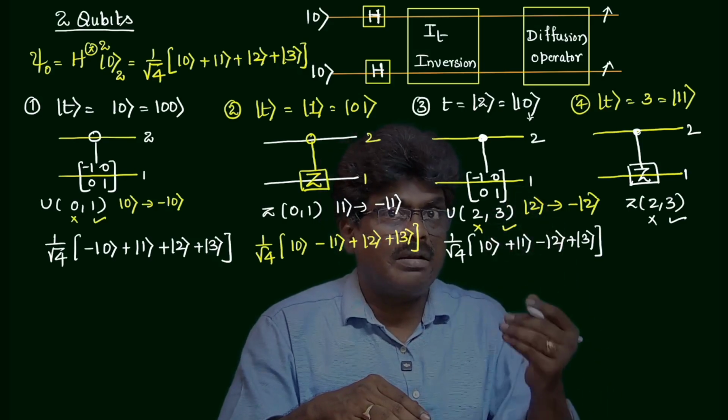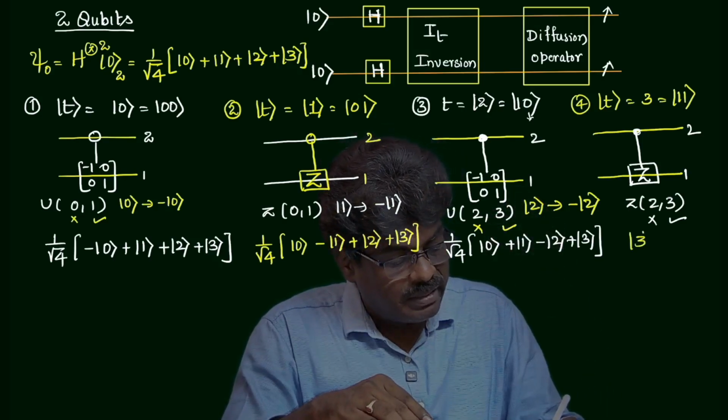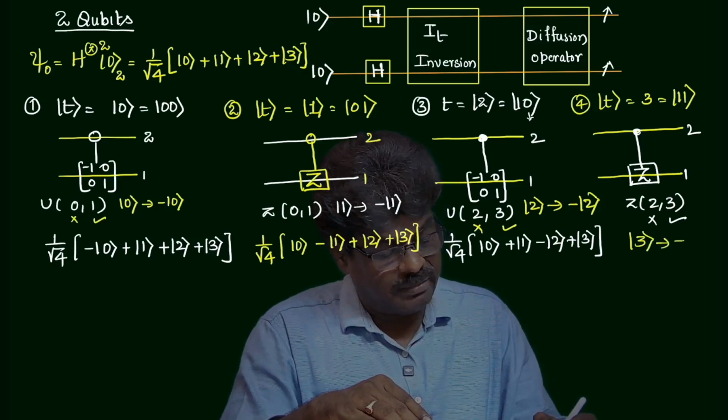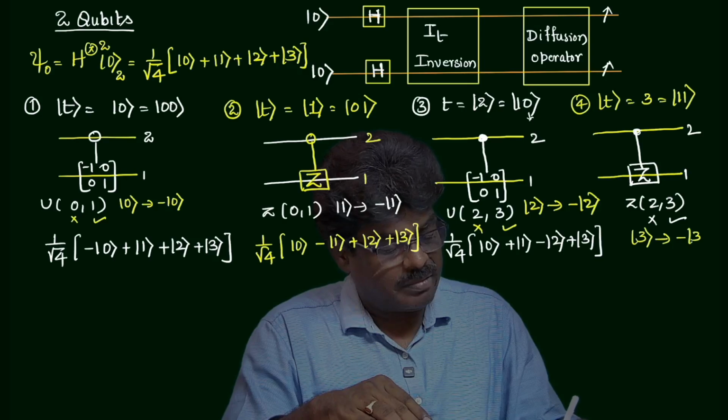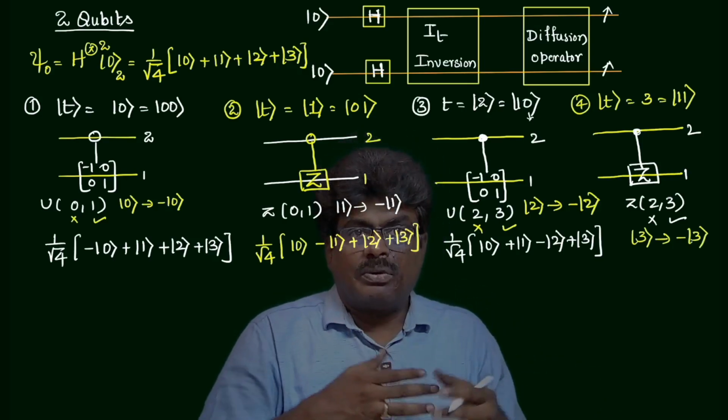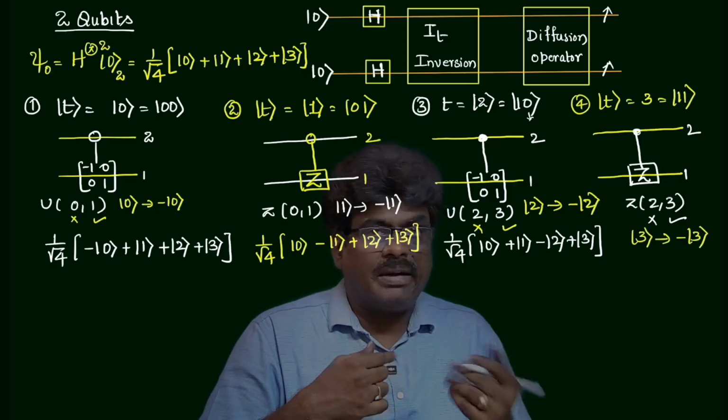So here the second column contains a minus, that's why here 3 becomes minus 3. So with this we will get 1 over root 4, 0 plus 1 plus 2 and minus 3.